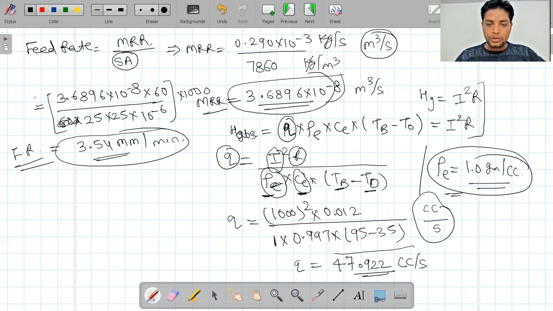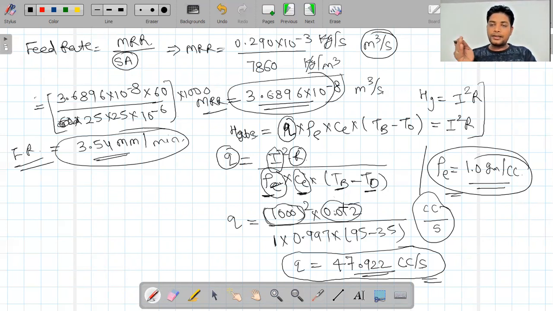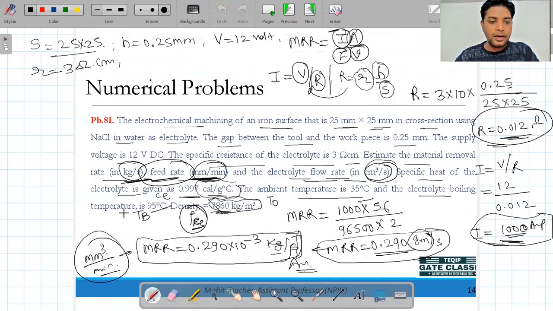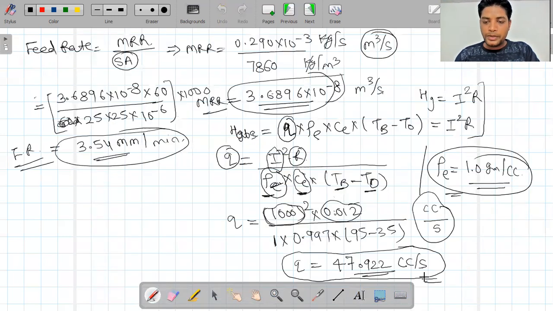Please keep in mind this one. Why are we keeping this in seconds? Because when we calculate this MRR, with the I and R that we have taken, it is in gram per second. That's why we are keeping it in seconds only. Cc per second, please keep in mind this one.